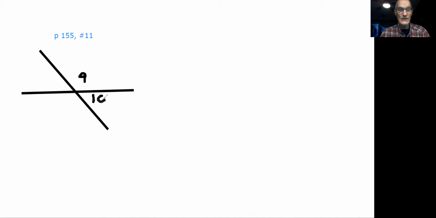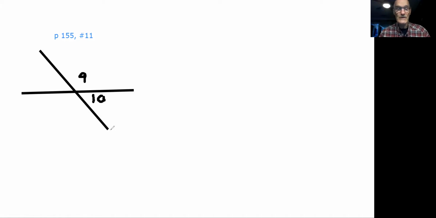Now, before we get started, when you look at a diagram such as this, the first thing you want to figure out is, what does the diagram say to you? You've got to be able to tell something from the diagram. In this case, we know that this diagonal line represents 180 degrees. And if I add angle 9 and angle 10, they form a linear pair. One of our theorems says that if two angles form a linear pair, then they are supplementary.